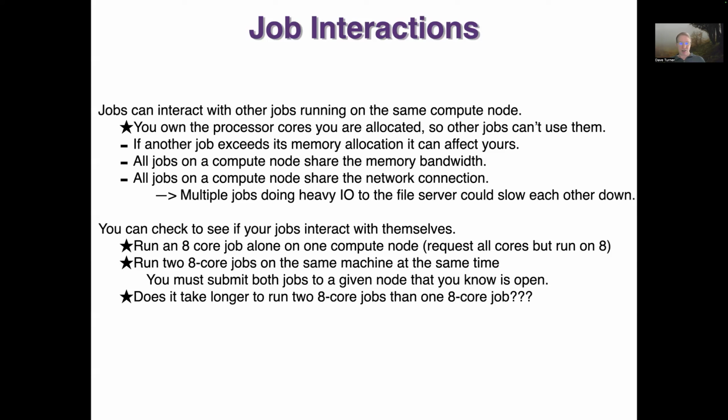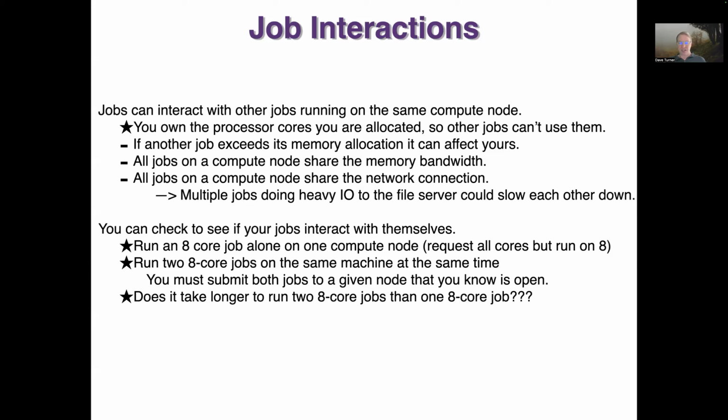The one interaction that we do see is that if people are using the file server, the file server itself can slow down. We don't see that so much. There is limited bandwidth going from a given node to the file server, but that's usually not the bottleneck.